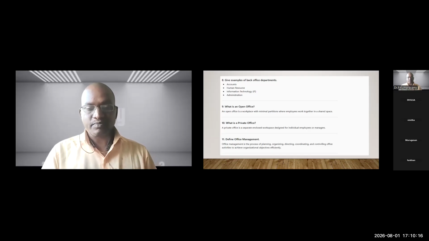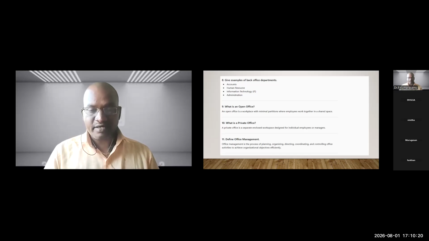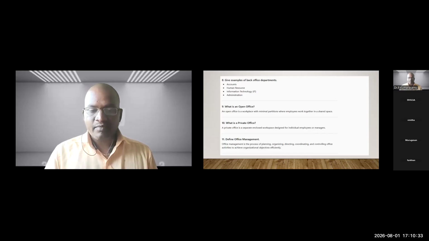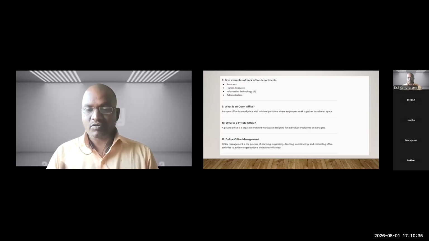So, office management: what is office management? Office management is the process of planning, organizing, directing, coordinating, and controlling the office activities. You know the concept of management. What is the concept of management? Planning, organizing, directing, coordinating, and controlling are the functions or process of management.